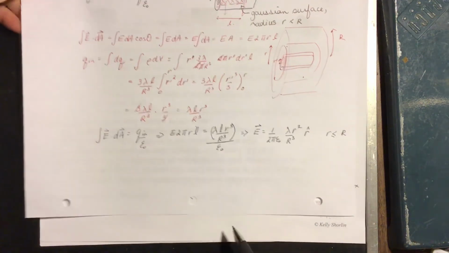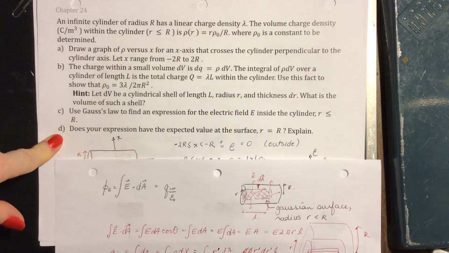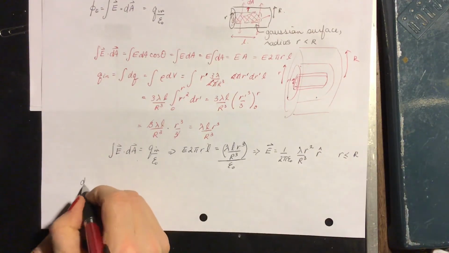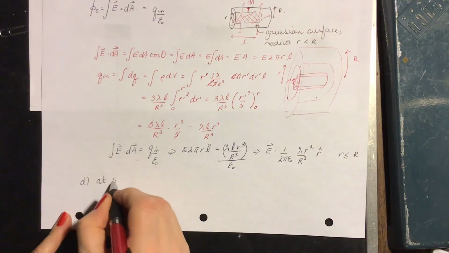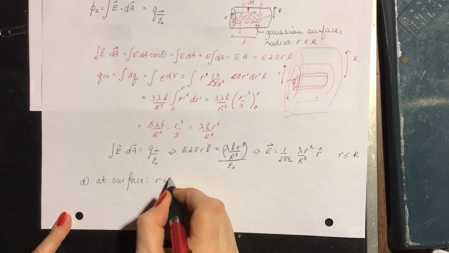The last thing we're asked to check is, does our expression have the expected value at the surface, where little r is equal to capital R? So for part D, at the surface means r is equal to the radius of the cylinder.